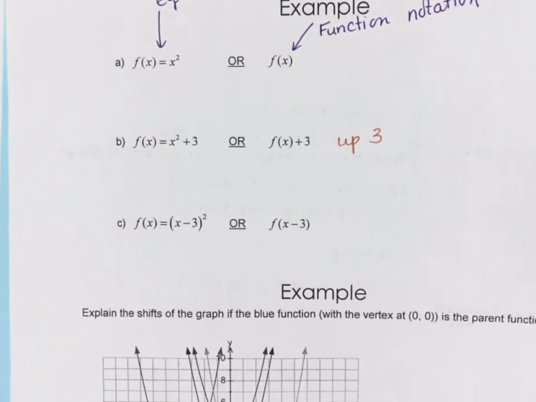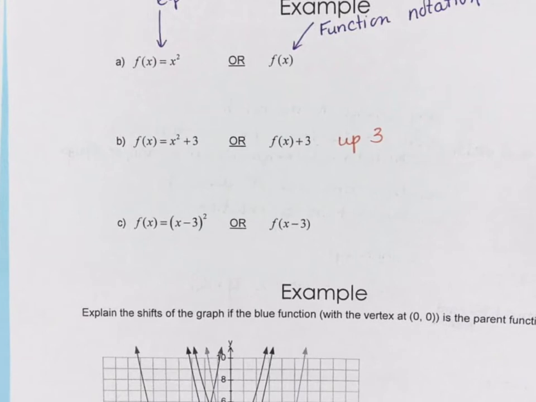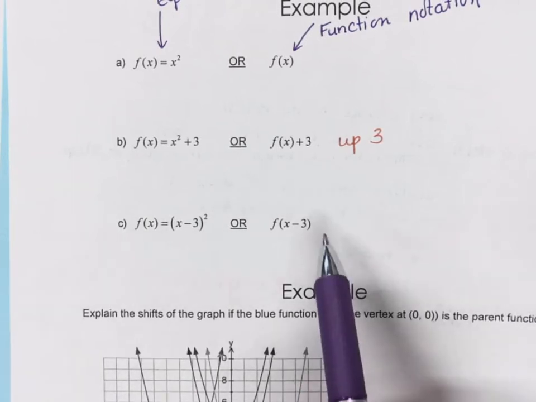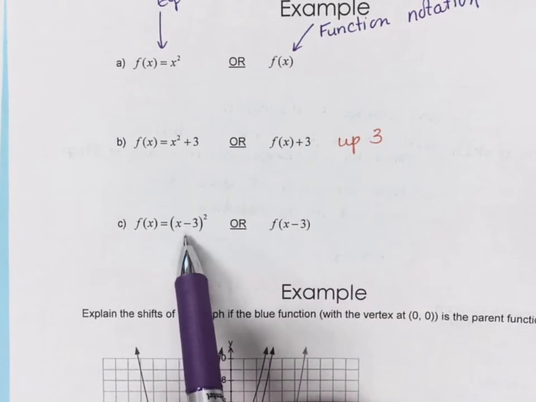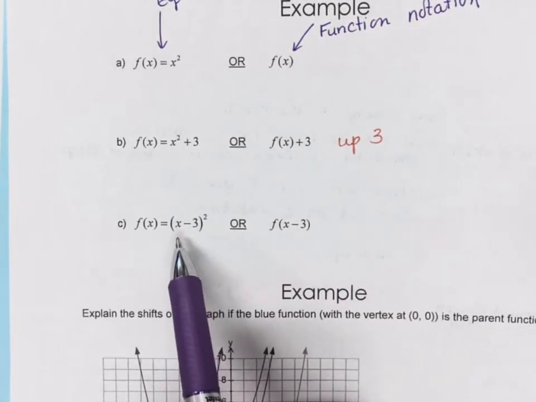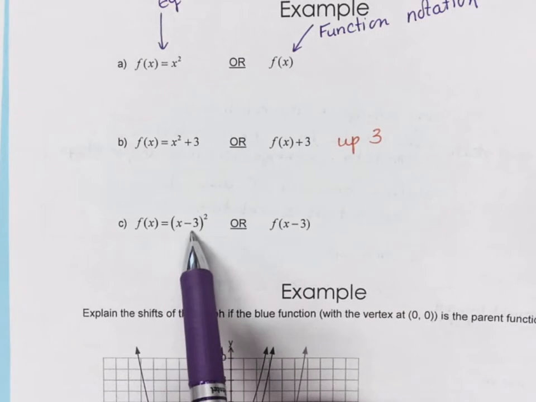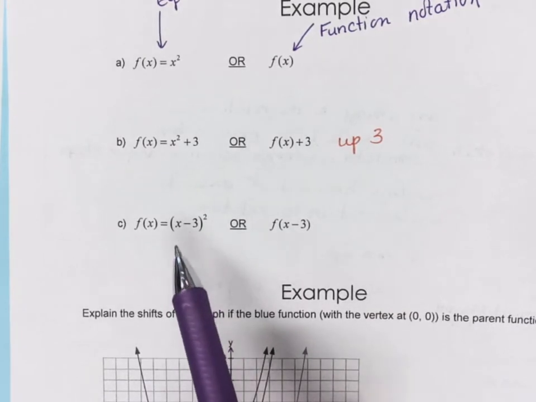Okay. So let's talk about C. What are we doing here? Remember function notation. You guys just did this, but it was grade 11. What are we attaching it to? You're definitely right. We're going left and right. It's a horizontal. But the x never tells us the straight story.